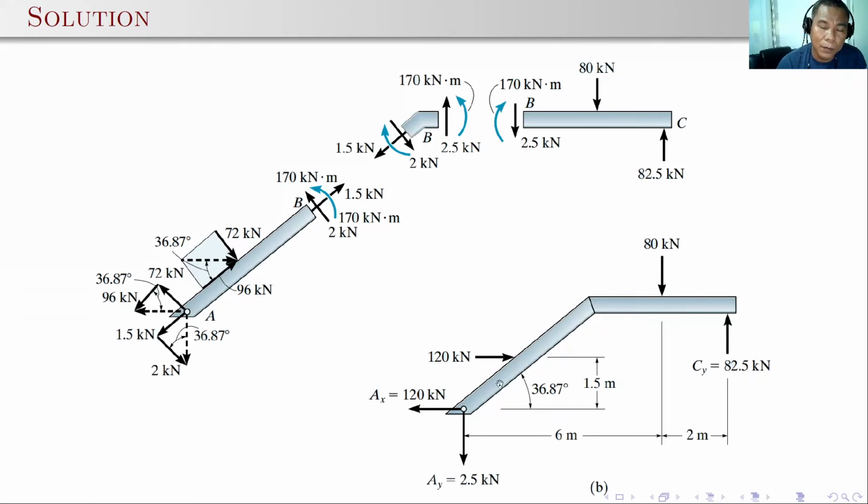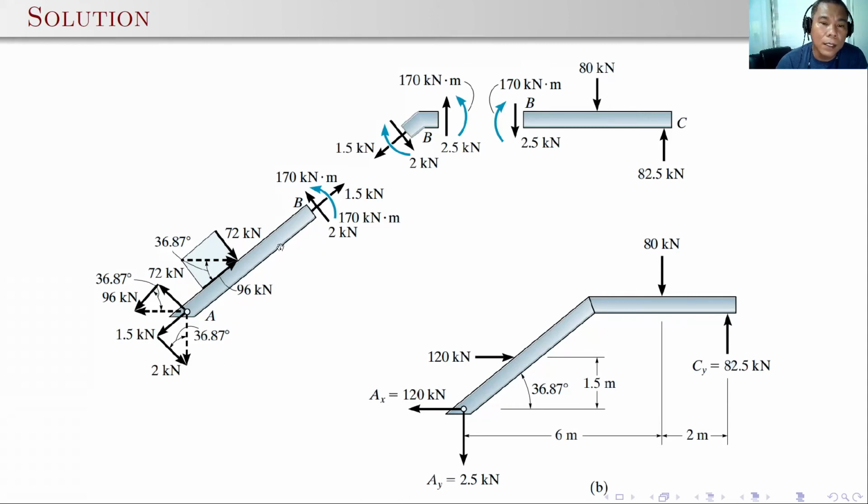Again, if you have to cut the segments, you need to resolve the components into the perpendicular and parallel to the axis. So for this 120 and 2.5 kilonewtons and the other 120 external load, it should be resolved into its vertical and perpendicular components as shown here.